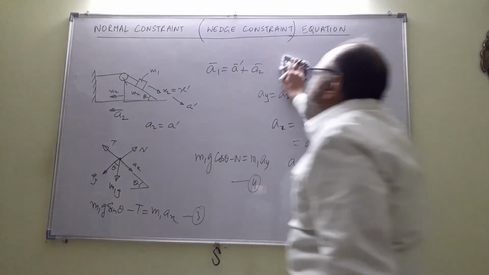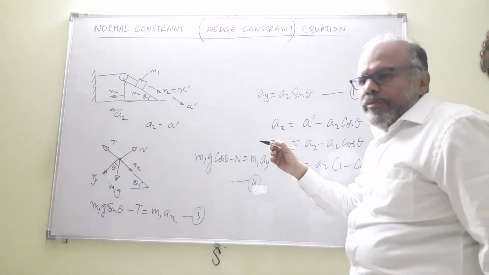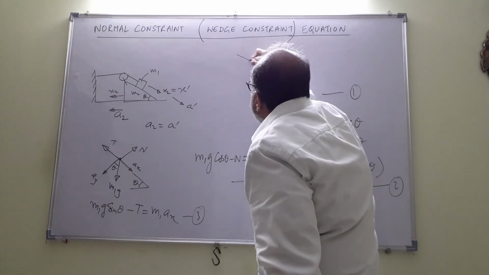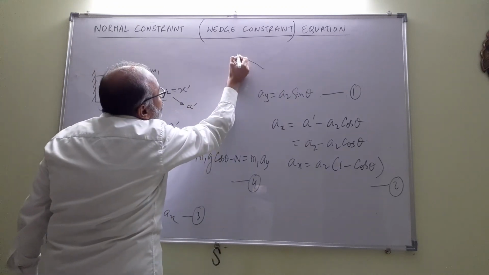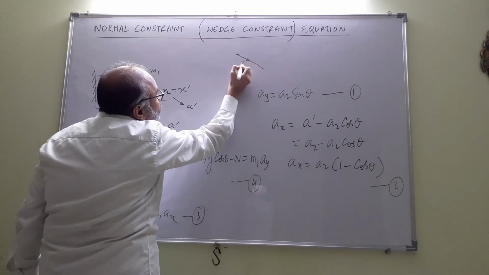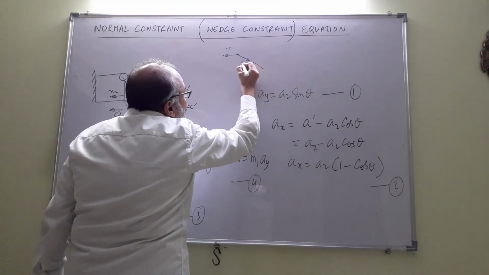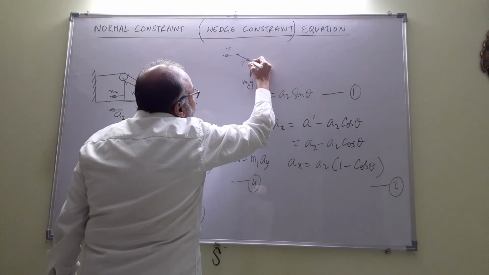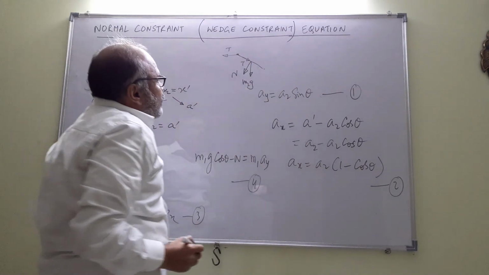Then let us now draw the free body diagram of M2. For M2, at this point, if I show the pulley as a point, there will be a T like this and a T like this, and there is going to be m2g, there would be an N like this, yes, an N like that.